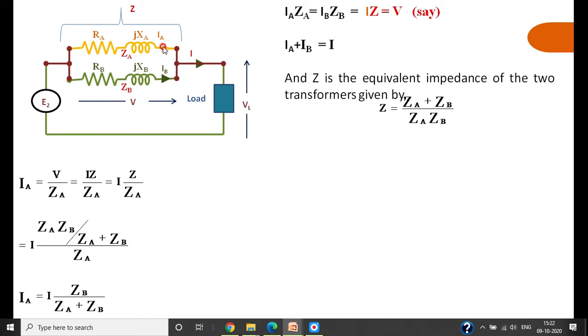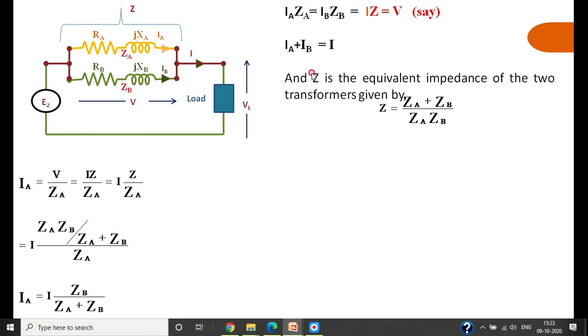Then we can see how we find the current IA. It can be calculated by V by ZA, because the voltage across the parallel combination is V equal to I into Z, or IAZA or IBZB. That is nothing but V divided by ZA. The voltage across branch A is V and impedance is ZA, therefore V by ZA.